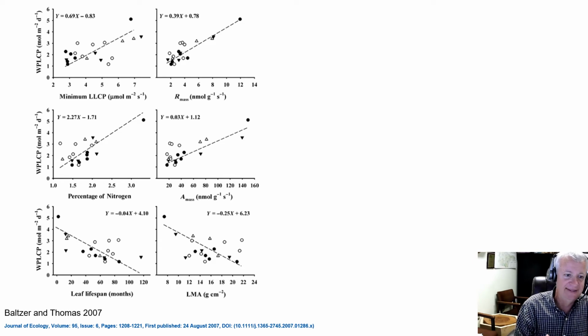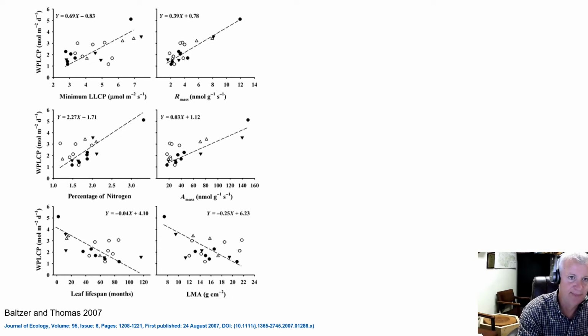And there are hypotheses out there about, for instance, what selection pressures drive plants to be shade tolerant or shade intolerant, or what those traits are optimizing.